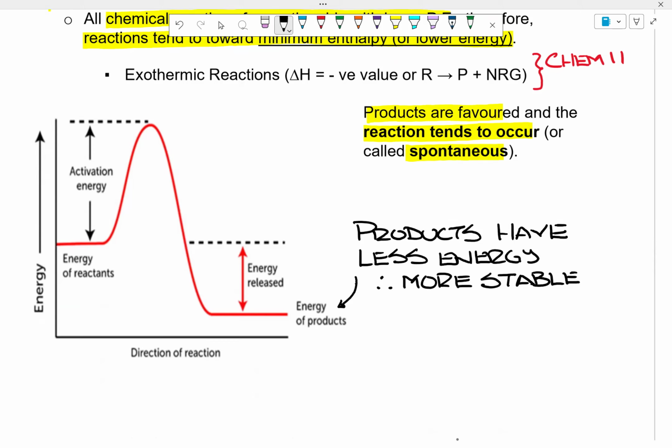So this is why eggs naturally roll off the table and fall onto the ground. You don't need to push it off the table. It will naturally go to the ground because it's lower energy, so it has less potential energy. Same idea here in terms of bonds. The bonds have less energy, therefore are considered more stable.